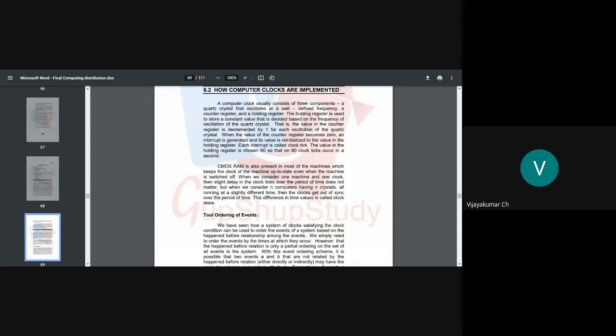It works until the battery charge is over, even if we switch off the system. So the CMOS RAM is present in every machine.